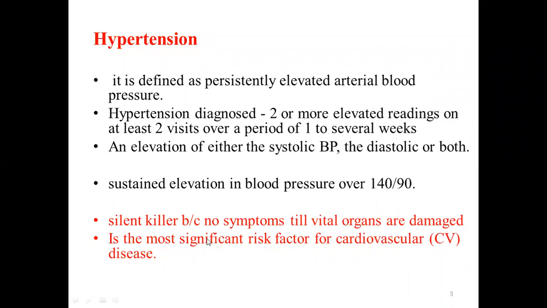So it is one of the most significant risk factors for cardiovascular diseases. The end organ damage is very, very serious. It can cause a stroke, heart failure, renal damage, eye problems, and it can even cause blindness. Because of this reason, adequate monitoring or adequate control of blood pressure is very essential.